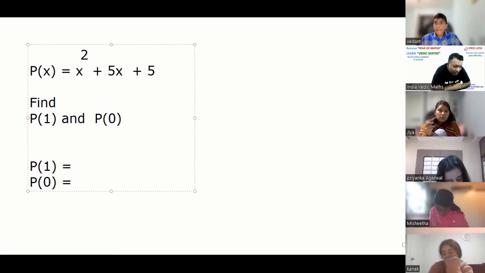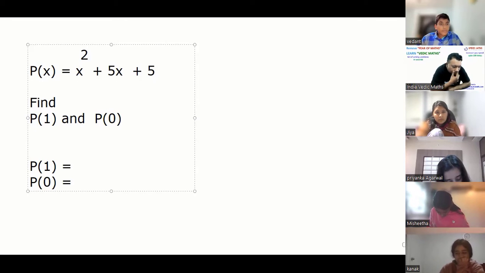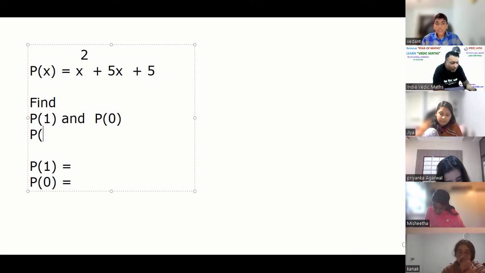Vedant got P1 correct. Just check P0, Vedant, again. P1 is good. Just check calculation of P0. Naja, P1 is correct. I'll wait for everyone. Until that, Mishita, can you try P of -1? If you're done with the first two, guys, you can also try P of -1.